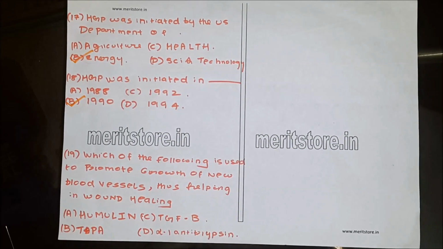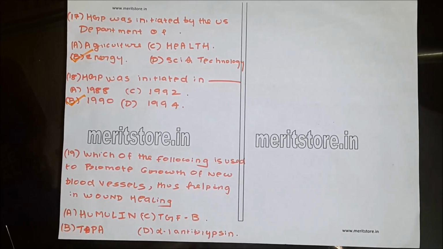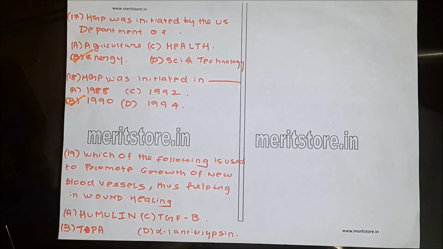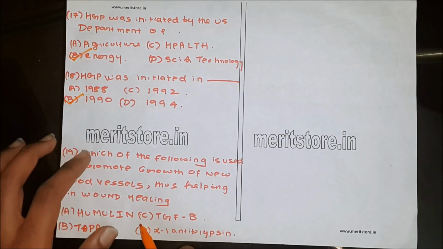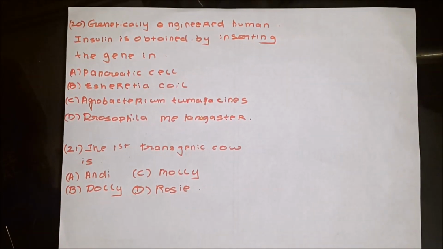Option B, that is TPA, that is tissue plasminogen activator. They are used to prevent blood clots or reverse blood clots as well. Option C, that is TGF, that is tissue growth factor. Now these are used to promote growth of blood vessels and also helping in epidermal growth. So the answer would be C, where B stands for beta. Moving on to the next question.